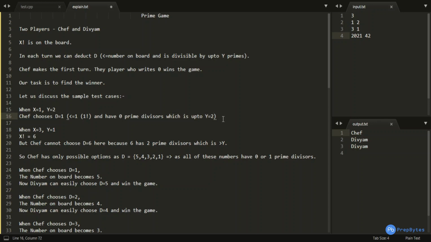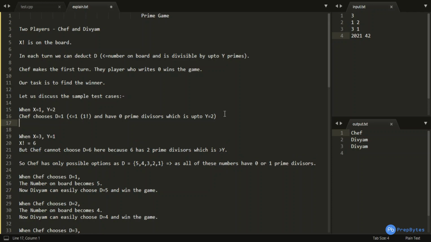So the prime divisors can be 0, 1 or 2, but not more than 2. So Chef will choose d equals 1, subtract 1 from 1 on the board, get 0, and Chef wins.